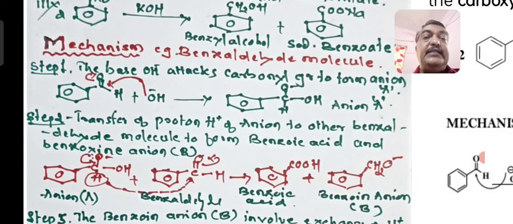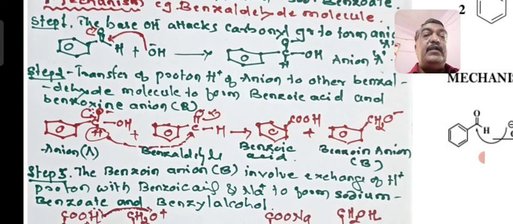Then in the second case, what happened? The negatively charged anion will come in contact with the second molecule of benzaldehyde. Here the anion loses its proton, which goes to the second benzaldehyde molecule, making C6H5CH2O minus, and the previous one will become a double bond and OH, that is benzoic acid will form, right?